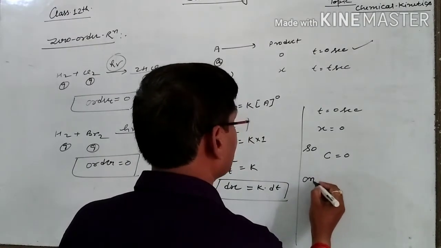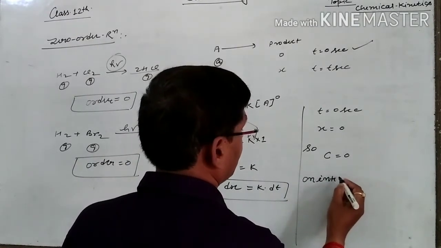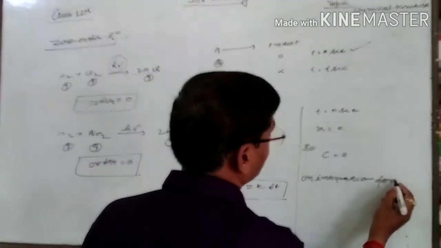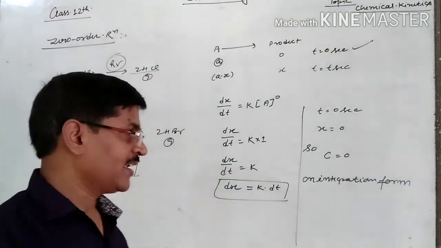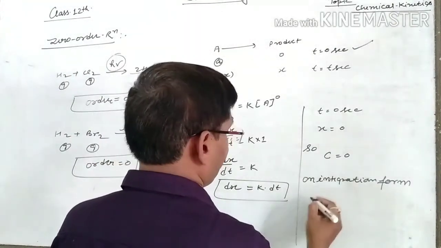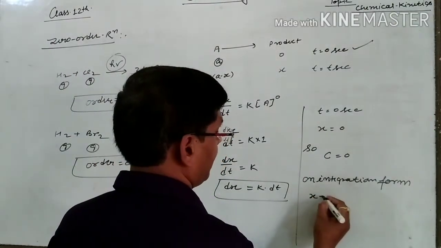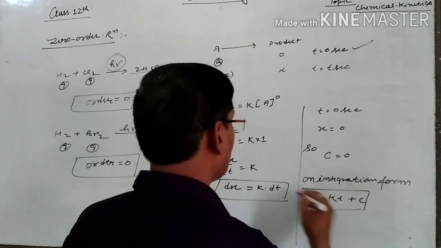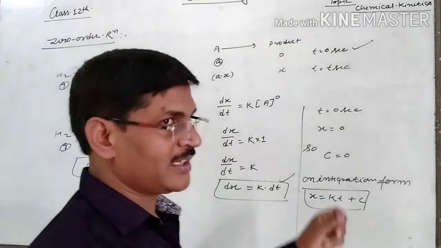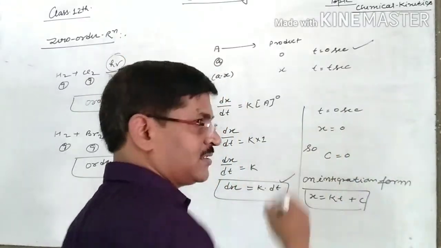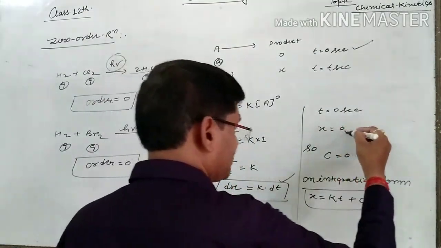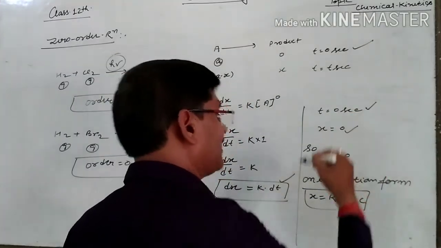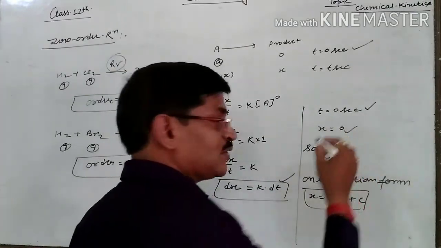On integration, I can write x is equal to kt plus C. As discussed, x is 0 when t is 0, meaning initially nothing is formed, so C will also be 0.